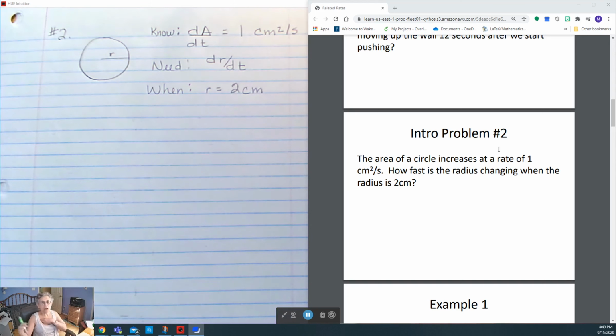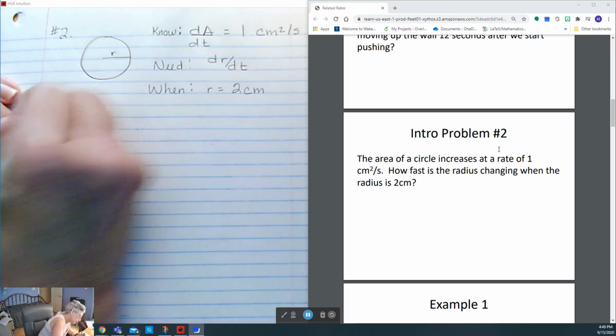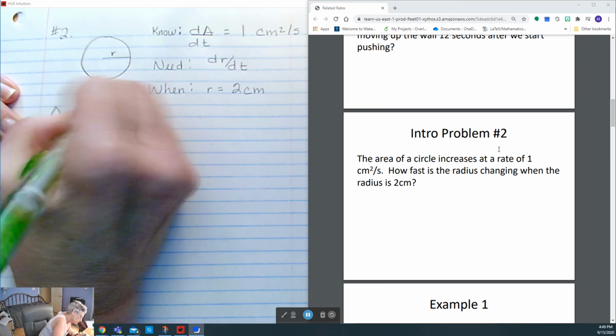So I've taken all these words and I have condensed them into know, need, and when. What do I know? What am I looking for? When. Know and when are the hard parts. When is something that is changing, and you're going to pick a specific instance in time. Know is not changing.